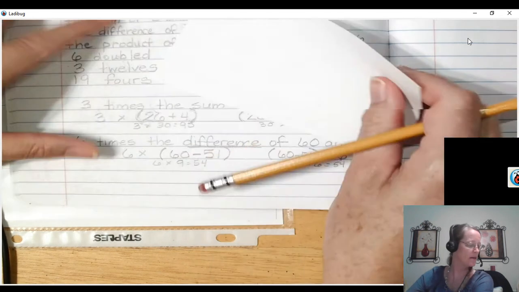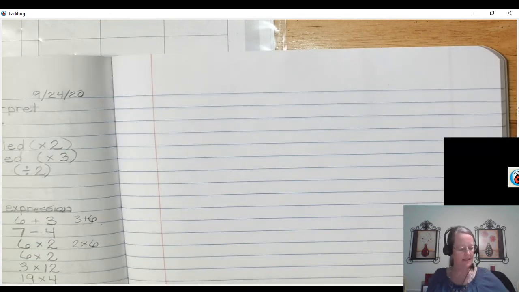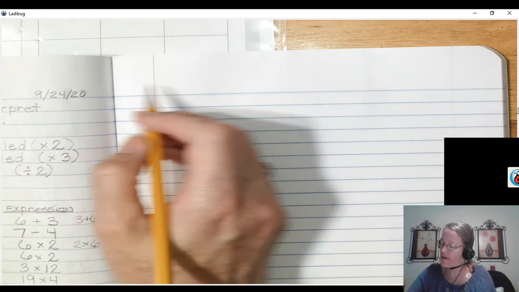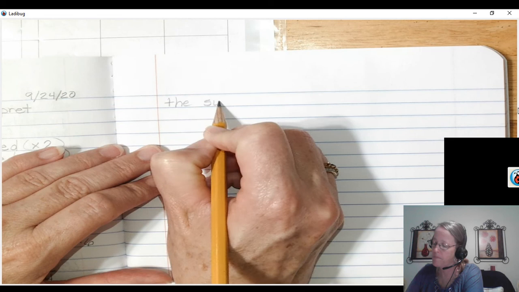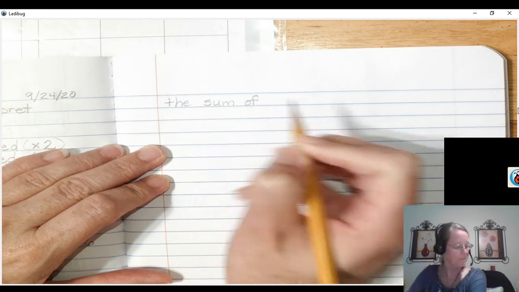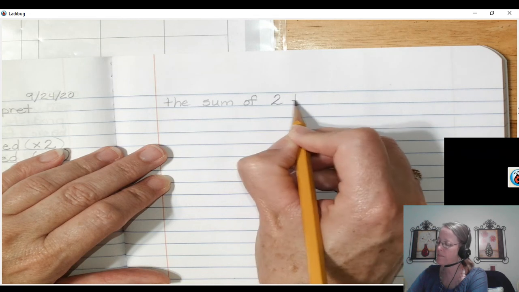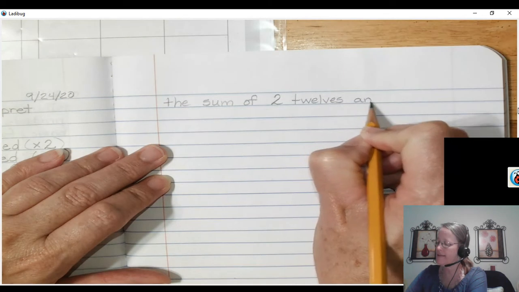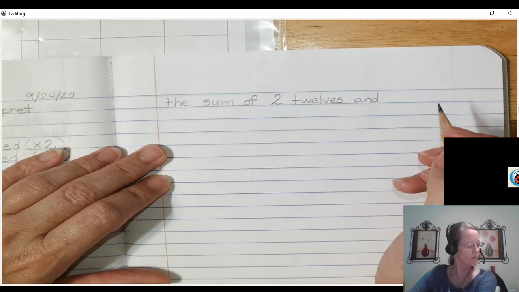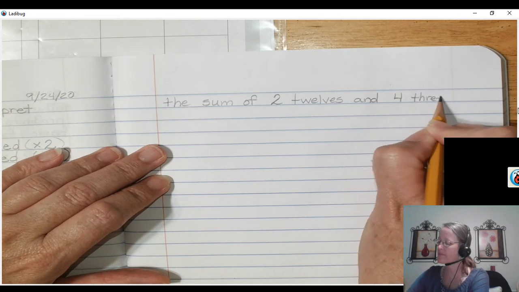I want to take a look at another one. Take a look at this phrase. The sum of two 12s and 4 3s.